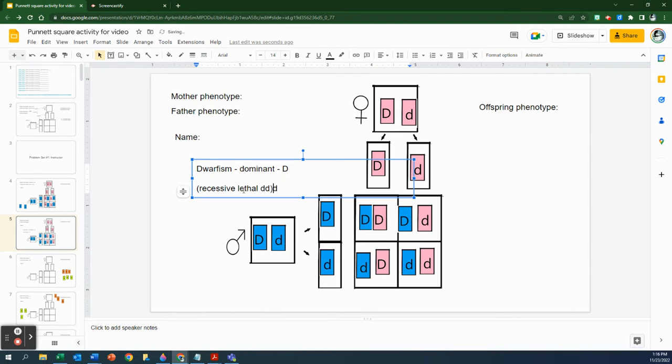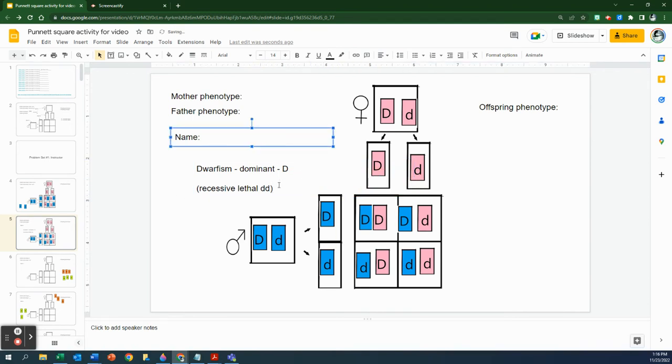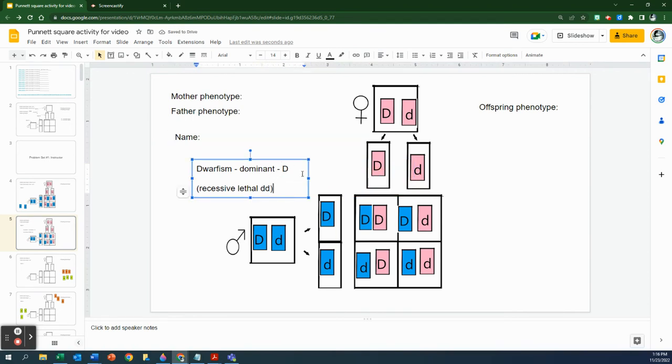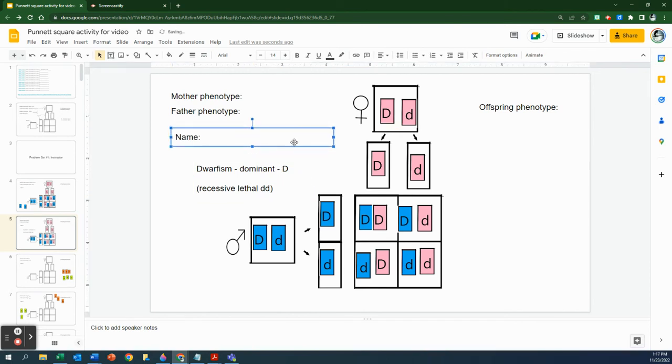Little d. So if you have just one big D, not little, yes, never mind, scrap that. So dwarfism itself is dominant. Achondroplasia is dominant.